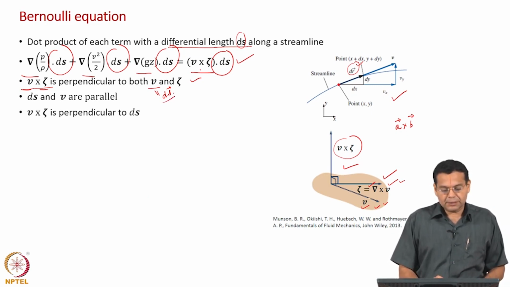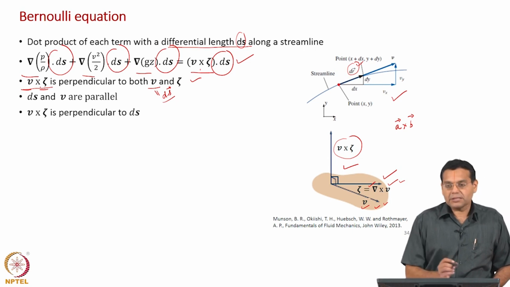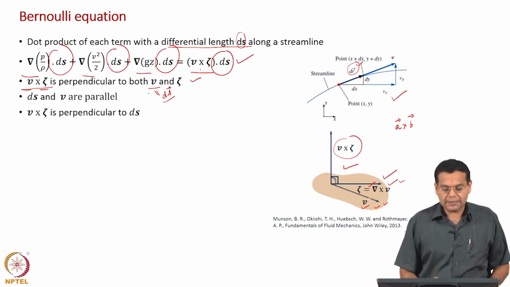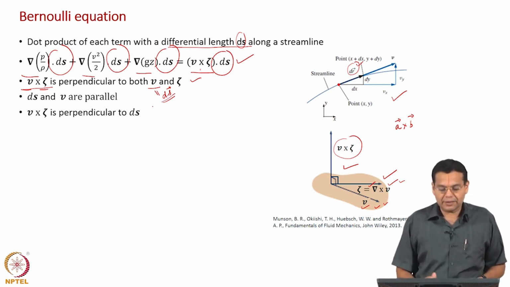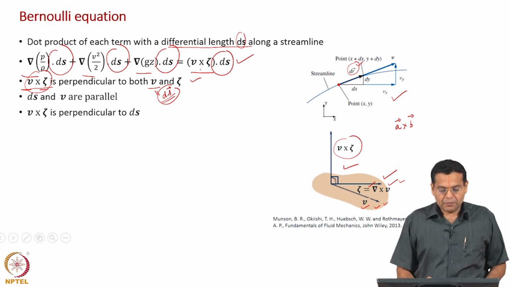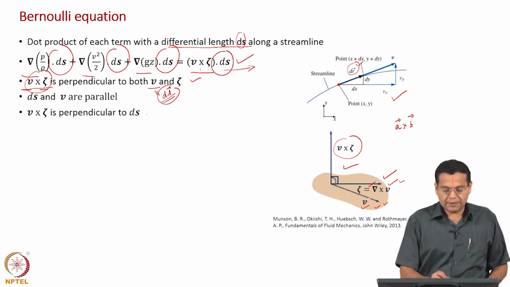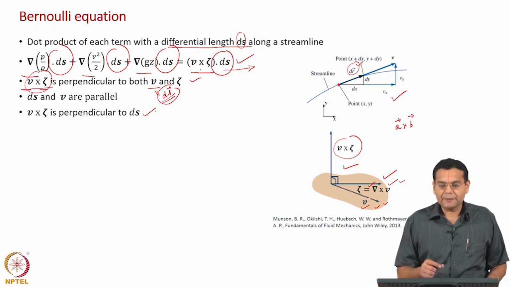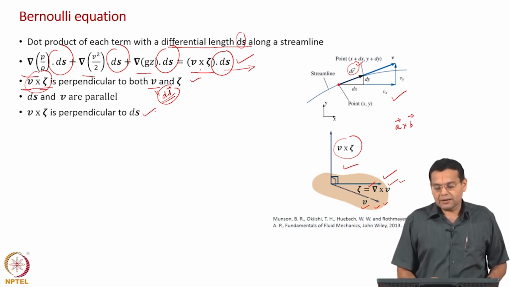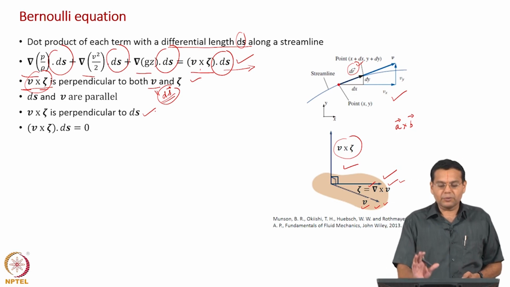Let me just repeat once: the velocity cross vorticity is perpendicular to both velocity and vorticity vector, but velocity is parallel to ds vector, which means that this is perpendicular to ds vector, which means that the right hand side is 0. That is why we took a dot product with a differential length along a streamline, to get 0 on the right hand side. So, now the right hand side vanishes.